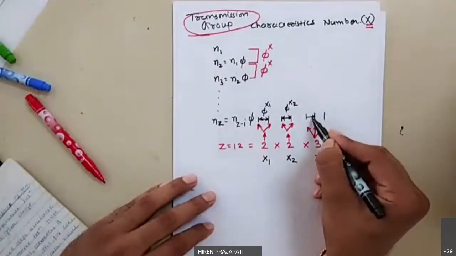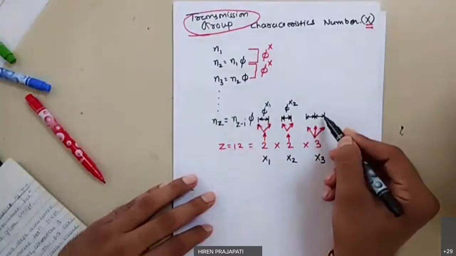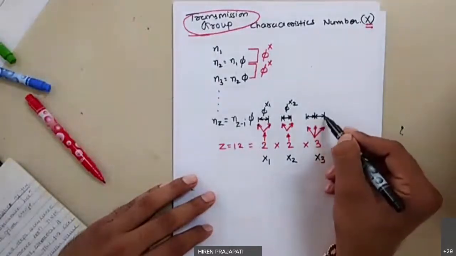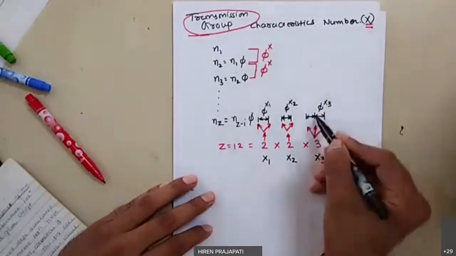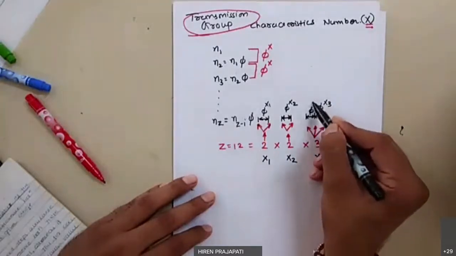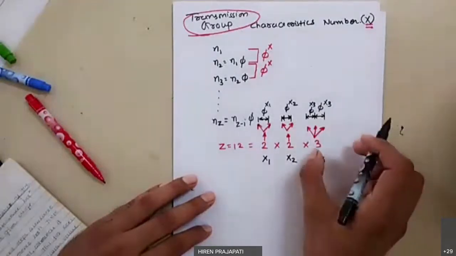So it is about geometric progression between two successive speeds. So between these two speeds, what is phi to the x3? That same x3 will be for the entire stage, that particular stage.